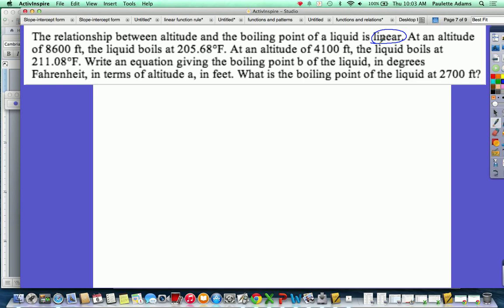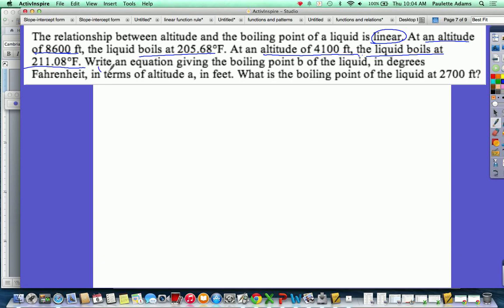You have the altitude of 8,600 feet, and the boiling point there is 205.68. Then you have another altitude of 4,100, and the liquid boils at 211.08.